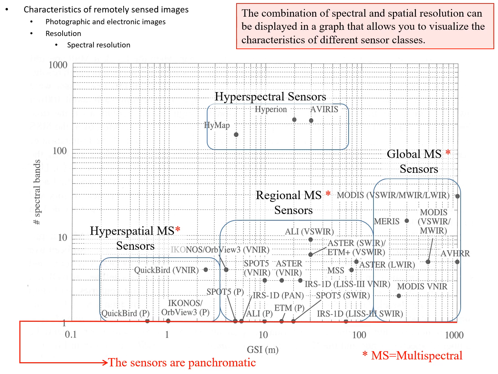So these are sensors that have generally between 1 and 12 bands maximum, and spatial resolutions of between 4 and 150 meters.